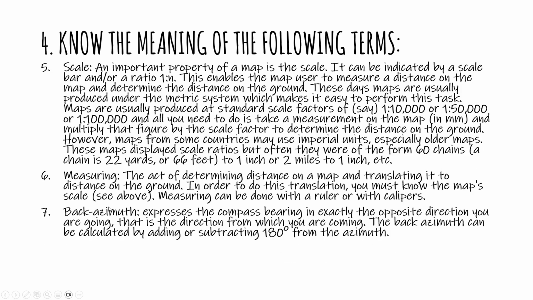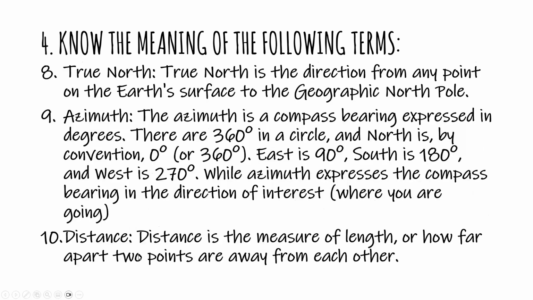Now we have the back azimuth, and its counterpart is just called the azimuth. So let's find out first what the azimuth is in order to better understand what the back azimuth is. The azimuth is a compass bearing expressed in degrees. There are 360 degrees in a circle.